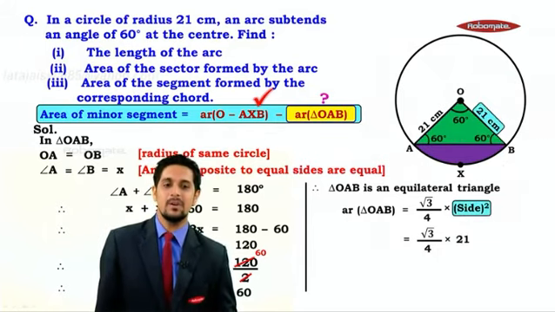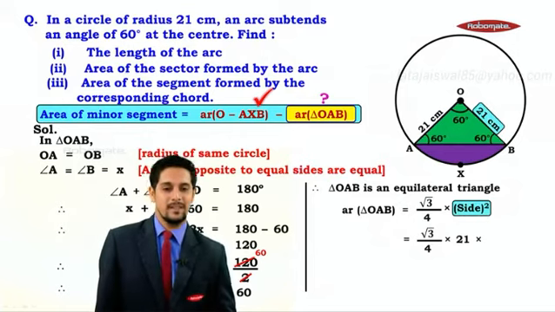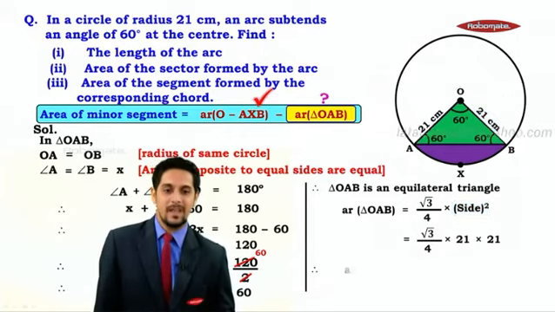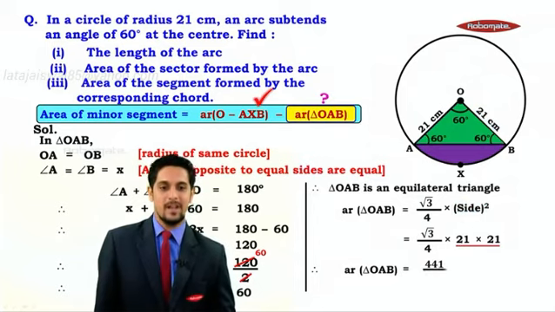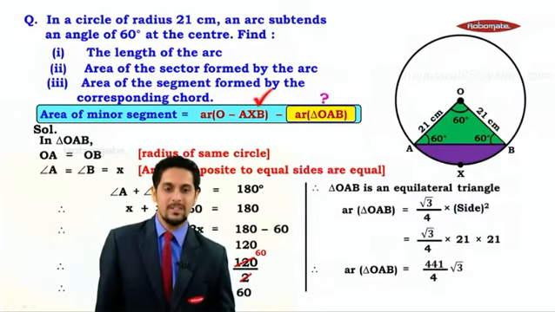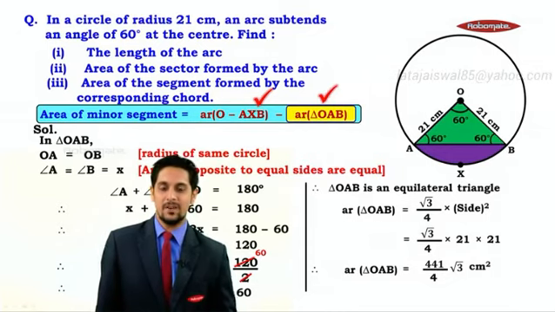So, that is equal to 21 square. That is 21 into 21. Further, we have area of the triangle OAB is equal to 21 into 21 is 441 upon 4 root 3 centimeter square. Students, we have calculated the area of triangle as well.